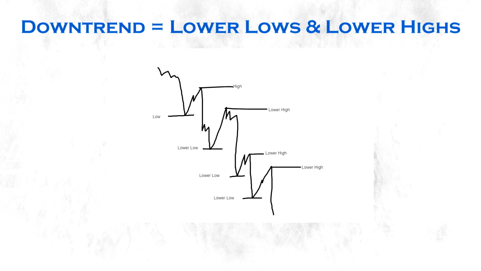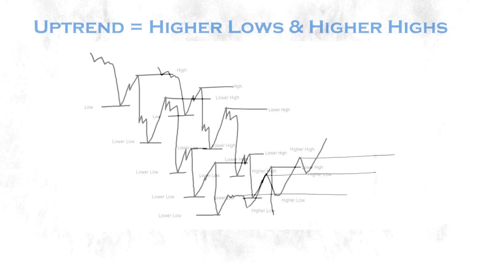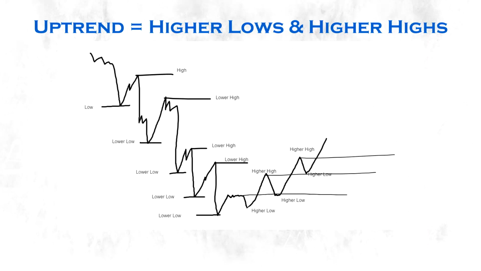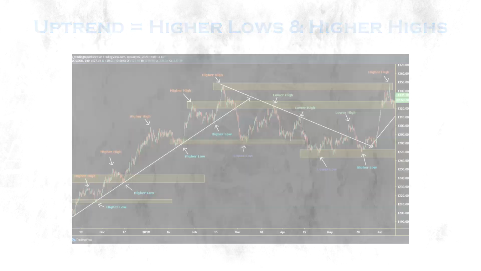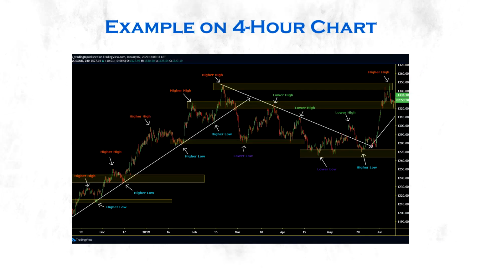You can clearly see the characteristics of a downtrend with lower lows and lower highs. As soon as we see that price is forming higher lows and higher highs, we talk about an uptrend. And this is how it looks like on the 4-hour chart.